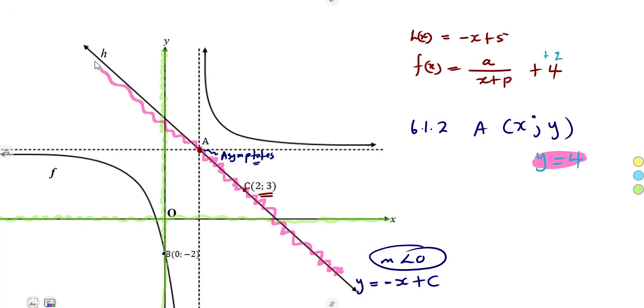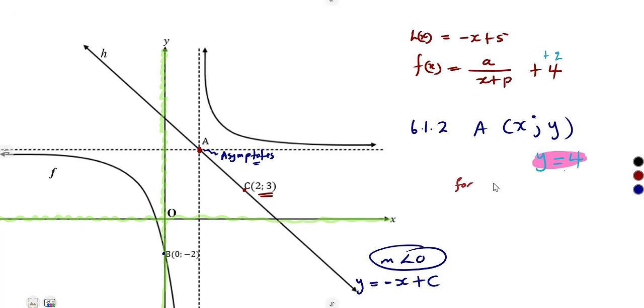Because h(x) passes also through the point A. The point A lies on this h(x). It's an asymptote. It's not there on f(x). It is on h(x). So we're going to consider y there.